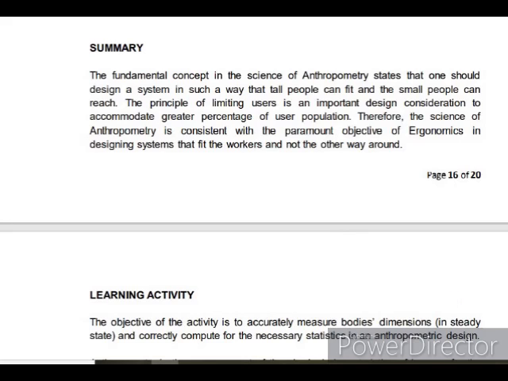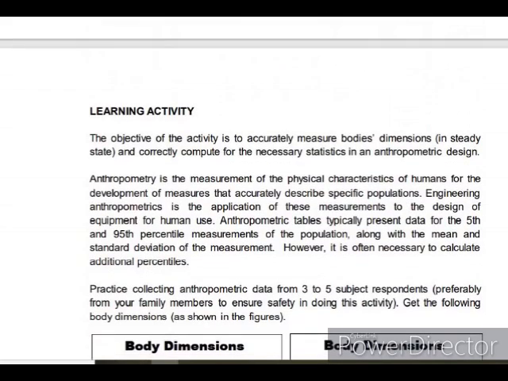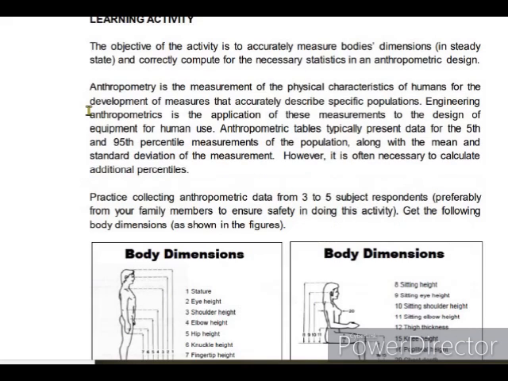For the learning objective, the objective of the activity is to accurately measure the body's dimensions in a steady state, so with no moving bodies, and correctly compute the necessary statistics in an anthropometric design. Anthropometry is the measurement of physical characteristics of humans for the development of measures that accurately describe specific populations.